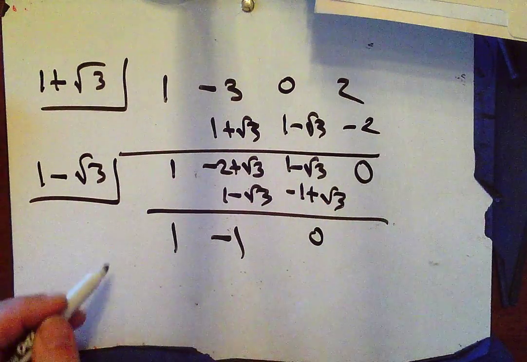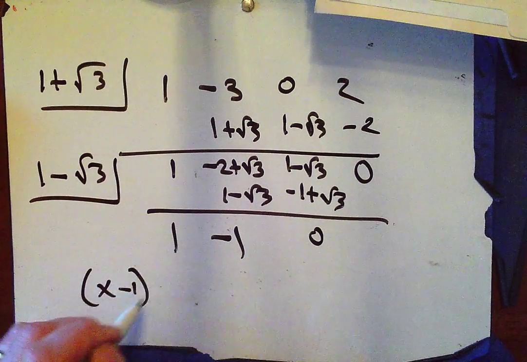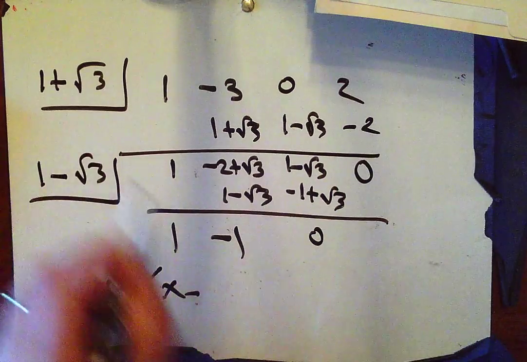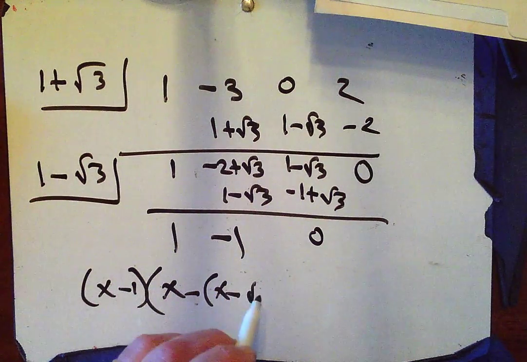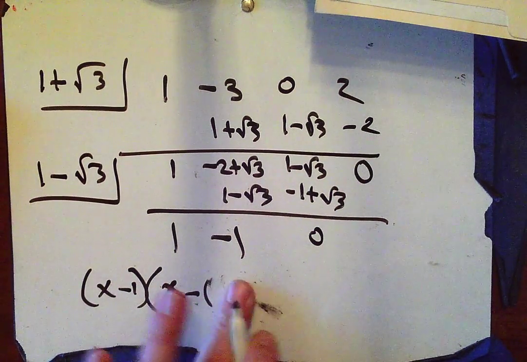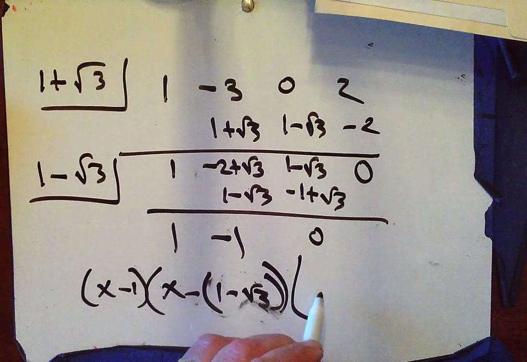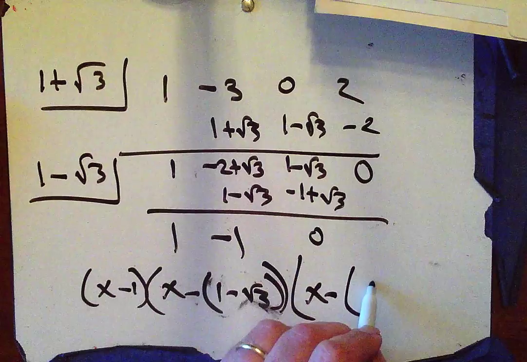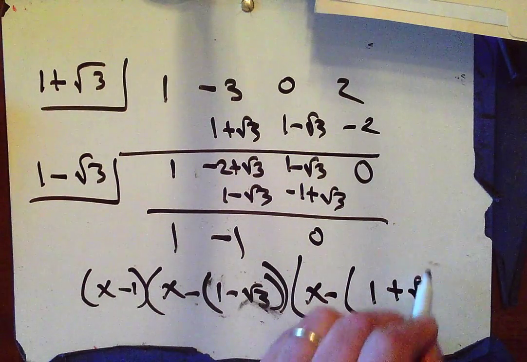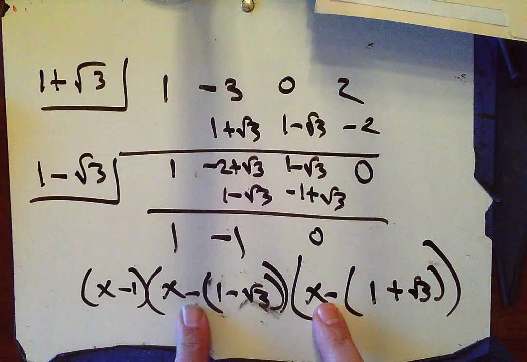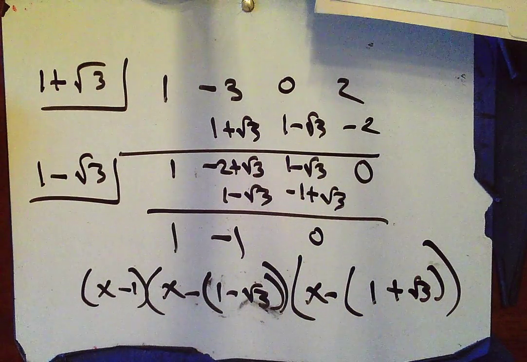So our completely factored form, x minus 1, that's this piece. Now I want x minus all this stuff. X minus 1 minus root 3, and x minus 1 plus root 3. I don't particularly need you to distribute these negatives. You're more than welcome to if you want.